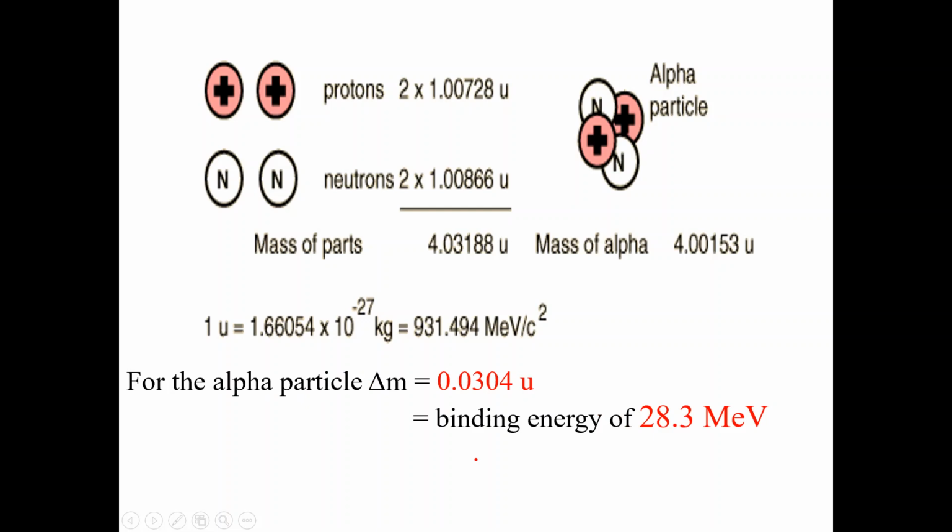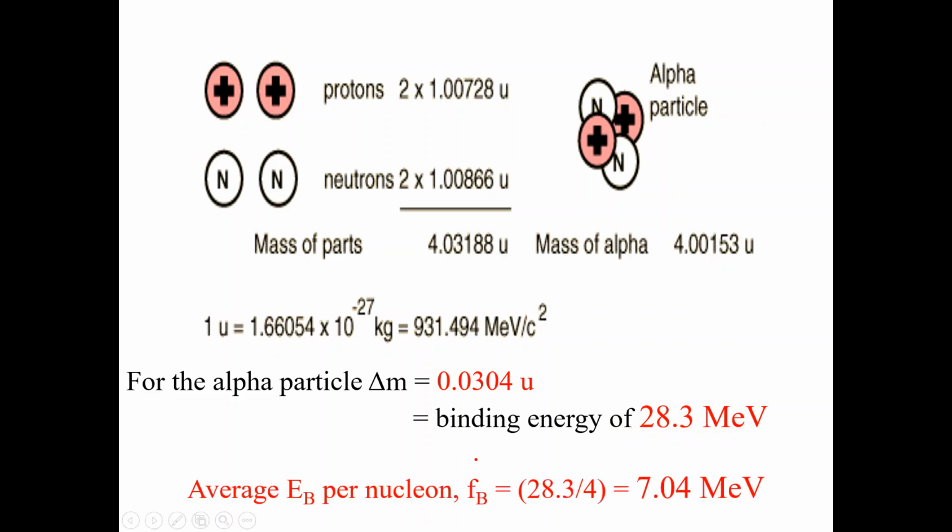So the mass defect is equal to 0.030 U. If we convert this value into binding energy, it is equal to a binding energy of 28.3 mega electron volt.